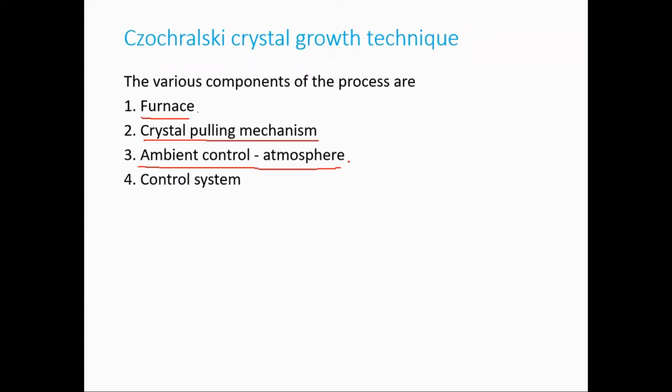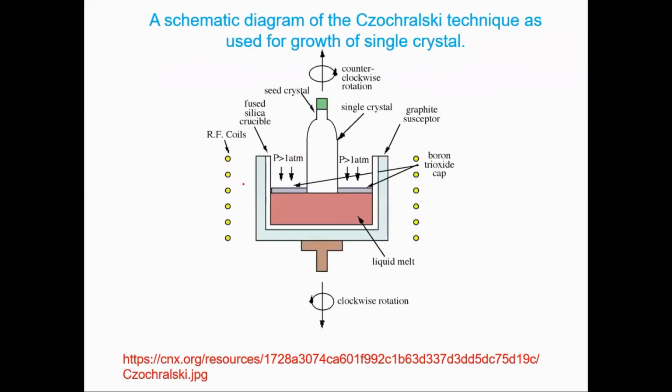We also need a control system to control what is happening inside the chamber. This is the basic apparatus, and this is the schematic diagram for the Czochralski technique used to grow the single crystal. I will discuss each bit of this apparatus, and if you have any doubt, you can ask me at any time.